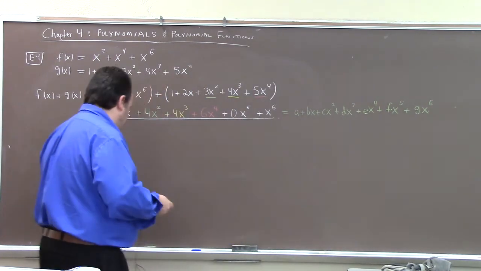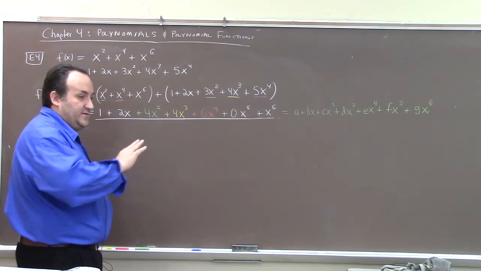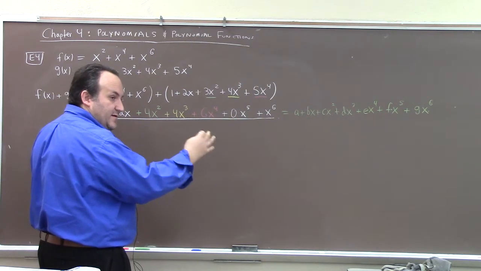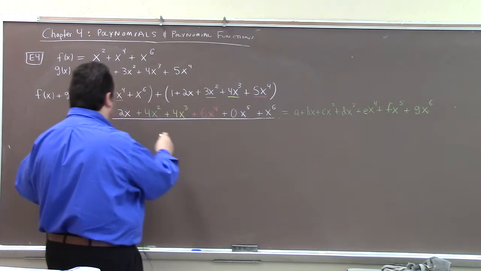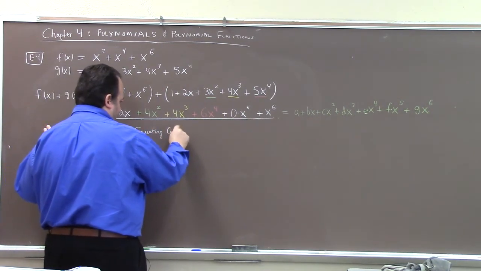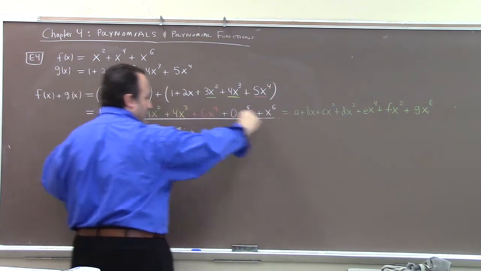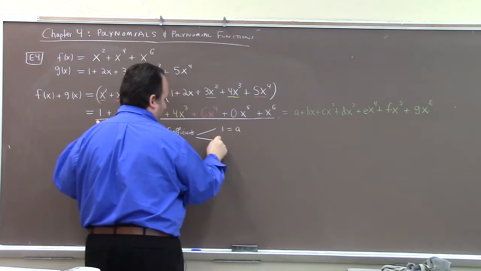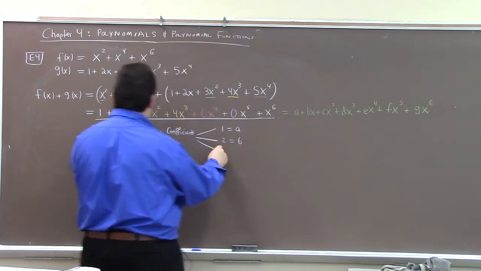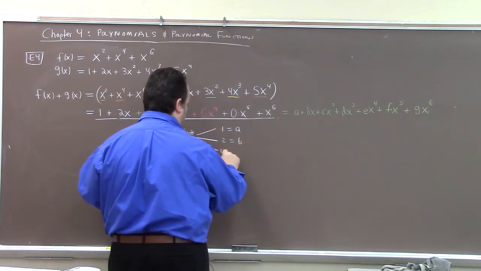So here's the theorem. If you have 2 polynomials and they're equal, the only way 2 polynomials can be equal is if their coefficients match, degree by degree. So equating coefficients is what this is called. It gives me, first of all, 1 is equal to a. 2 is b. 4 is c.